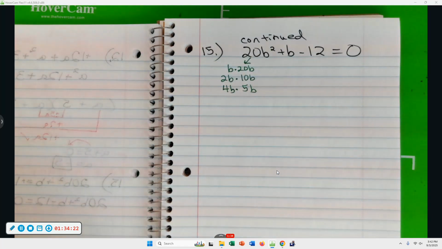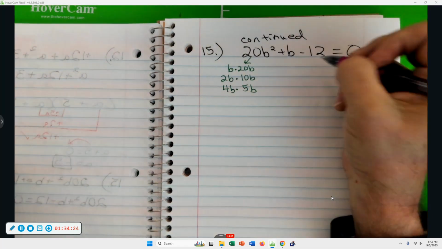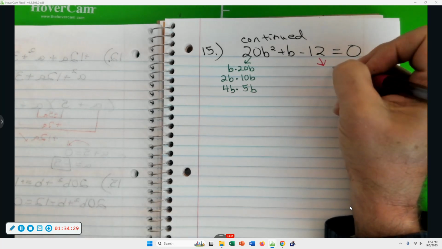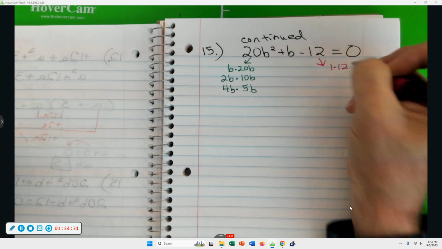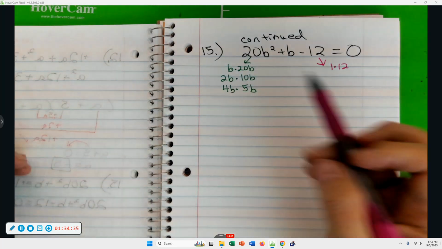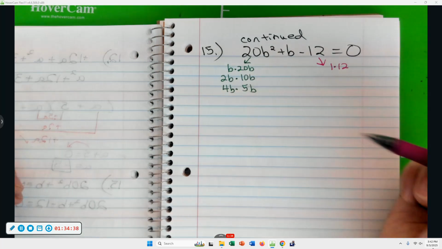What about the 12? 1 times 12. I'm going to stop sticking on the variables there. I should have just done 1 times 20. All those b's make that look so busy.